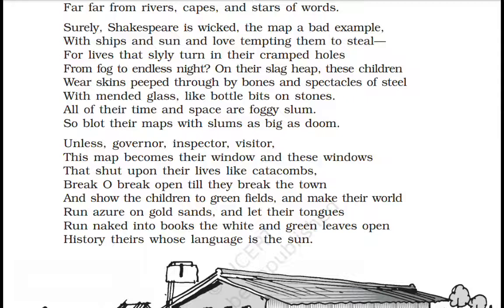And these glasses are so heavy that they appear as if bottle bits have been put on stones. So the poet suggests that it's better to make maps which show the slums, because the children should not be teased by showing the beautiful world.